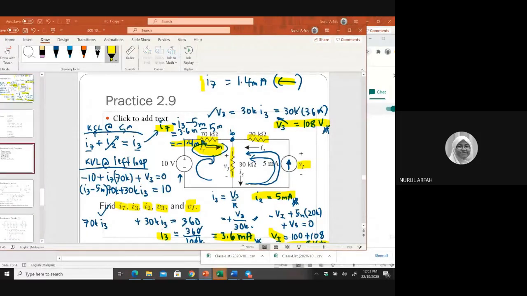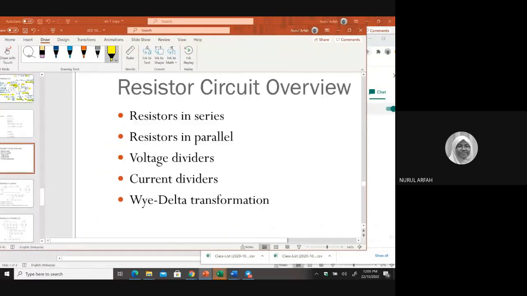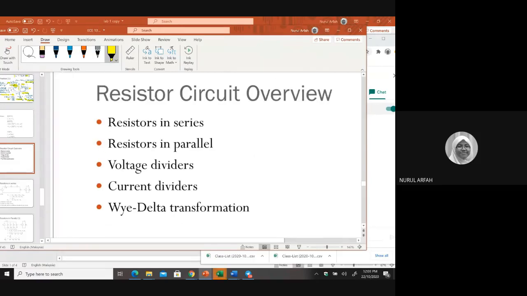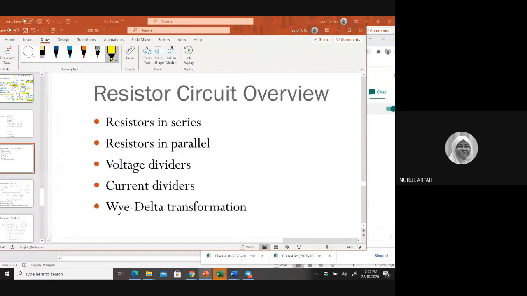Okay, now we go to resistor. Resistor is very important, but you should know what to do if resistors are in series and what to do when resistors are in parallel. Then we have some rules. If the resistors are in series, you can apply this.